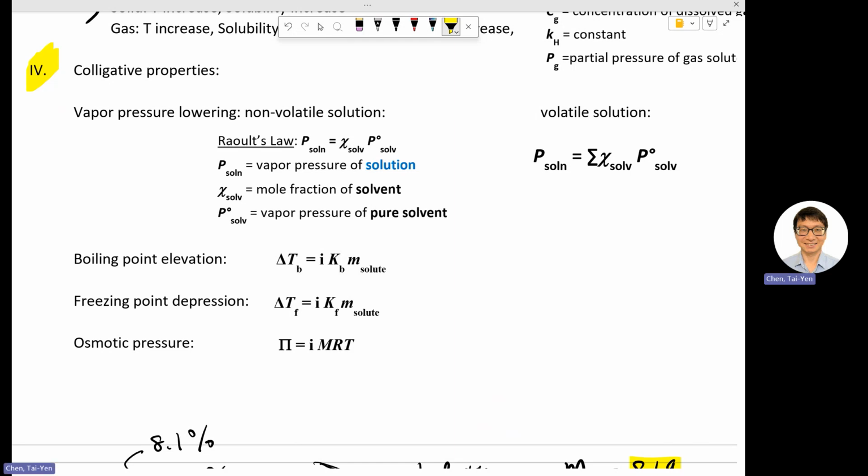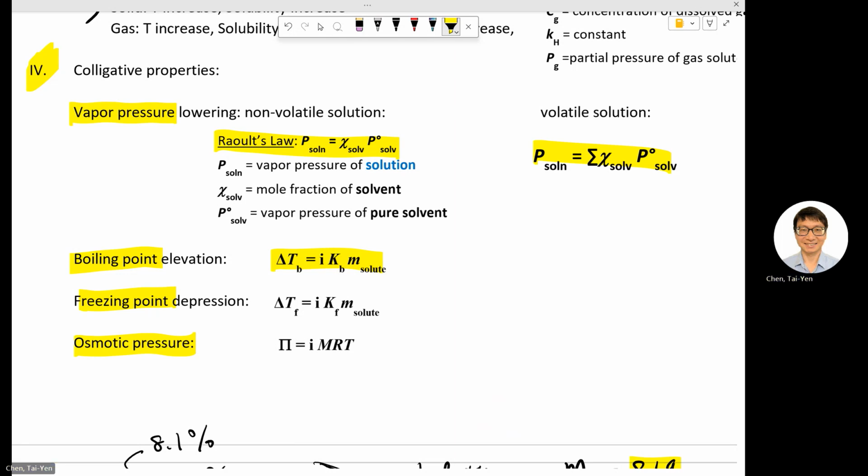The properties I'm talking about are vapor pressure, boiling point, freezing point, and osmotic pressure. So these are the 4 keywords. When you read the questions, you're going to see these things. If you're talking about the vapor pressure, then you know you use this equation or that equation. If you're talking about the boiling point, that's the equation you need to use. And so on for your freezing point and the osmotic pressure.